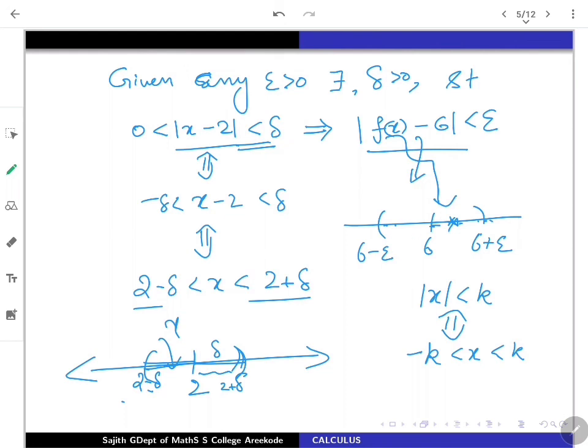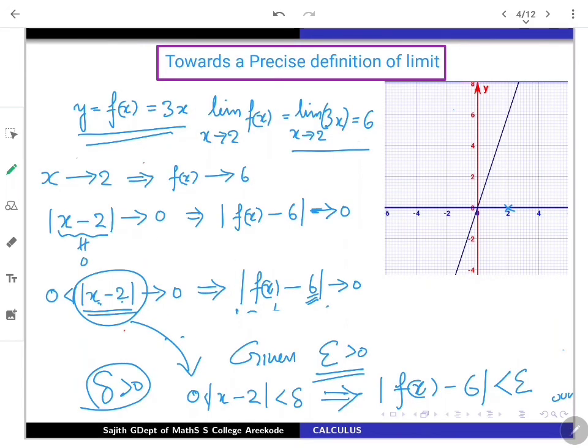More precisely, in the graph, the delta neighborhood of 2 is something like this: this is 2 minus delta and this is 2 plus delta. And the epsilon neighborhood is somewhere here, given by 6 minus epsilon, 6 plus epsilon.